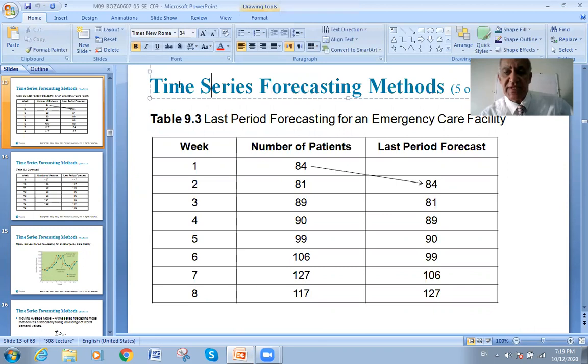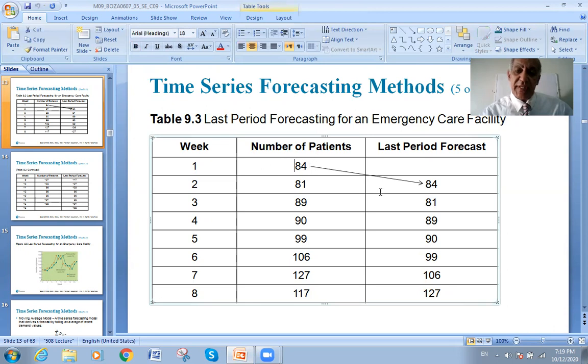From the name itself, what does this method depend upon? It depends on this: the end of each week is the start of the next week again. Let's say in a hospital there are 84 patients this week. Then I believe that the end of the first week, 84, will be the start of the next week. So that's why we say time series forecast.